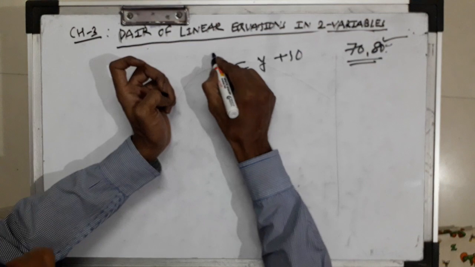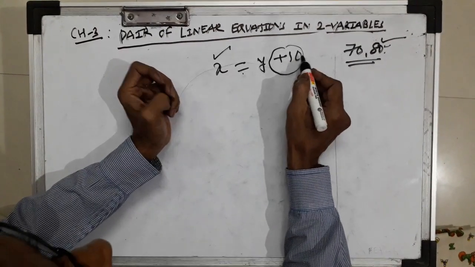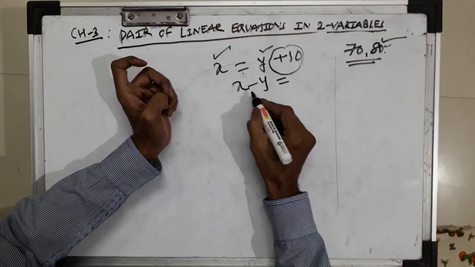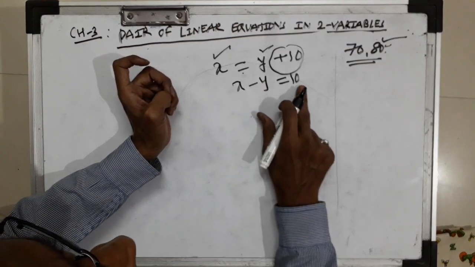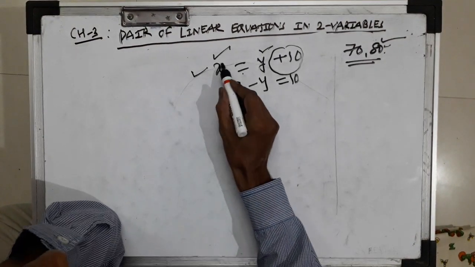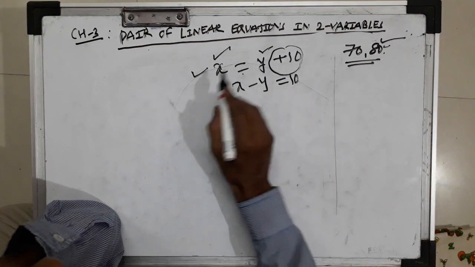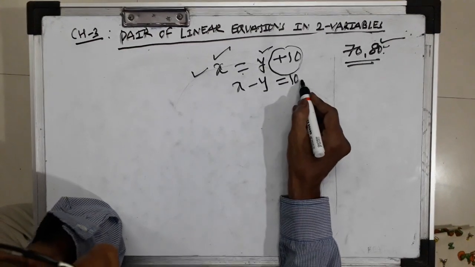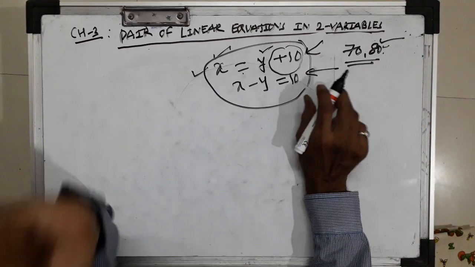So x is equal to y plus 10, greater meaning plus. Or in another way, the statement can be: x minus y is equal to 10. The difference of the two numbers is 10, right? Sometimes they will give the statement like this: one number exceeds the other by 10, or one number is greater than the other by 10, or the difference between two numbers is 10. In this way they can give the statement in any one of these ways.